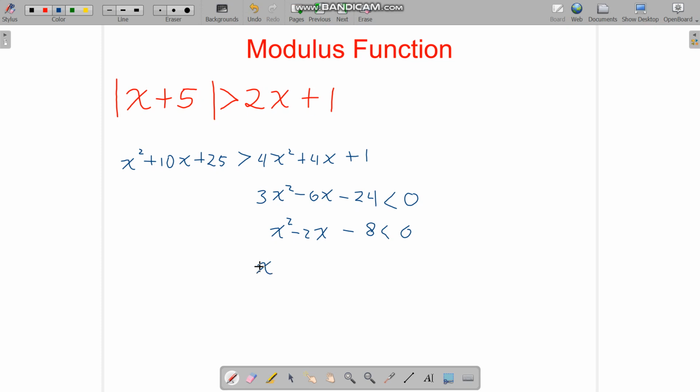And we have x minus 4, x plus 2, smaller than 0. x equals 4, x equals minus 2.